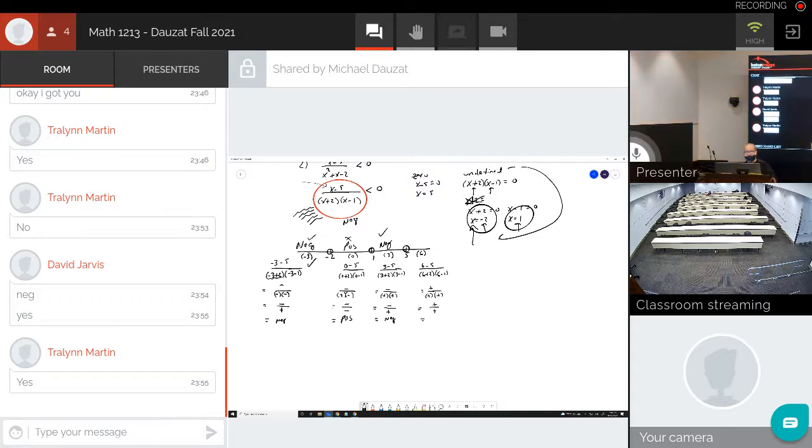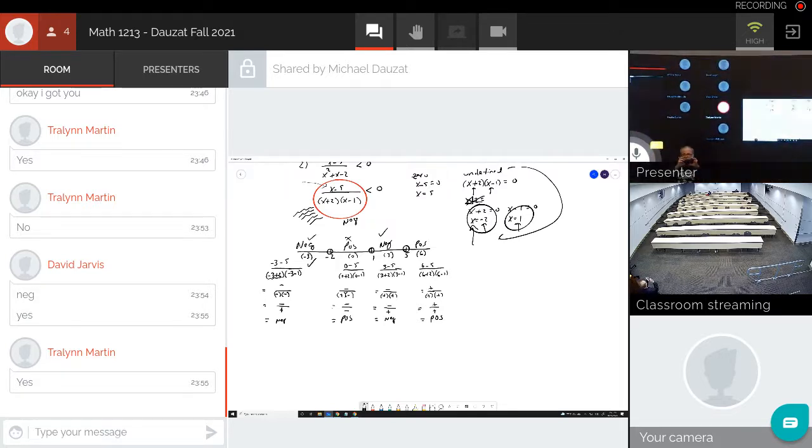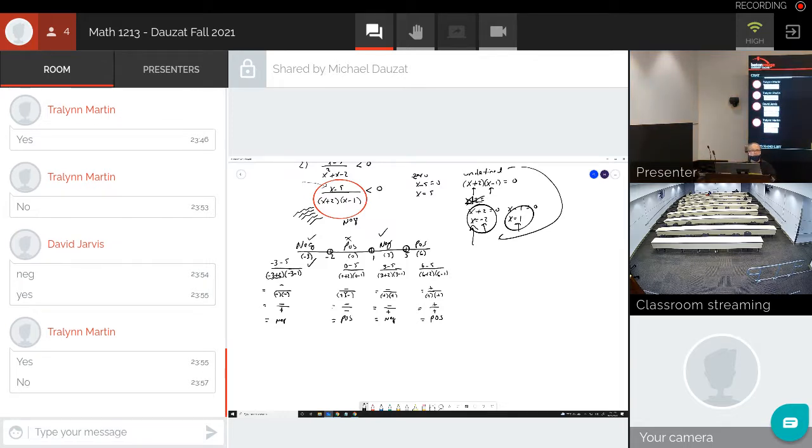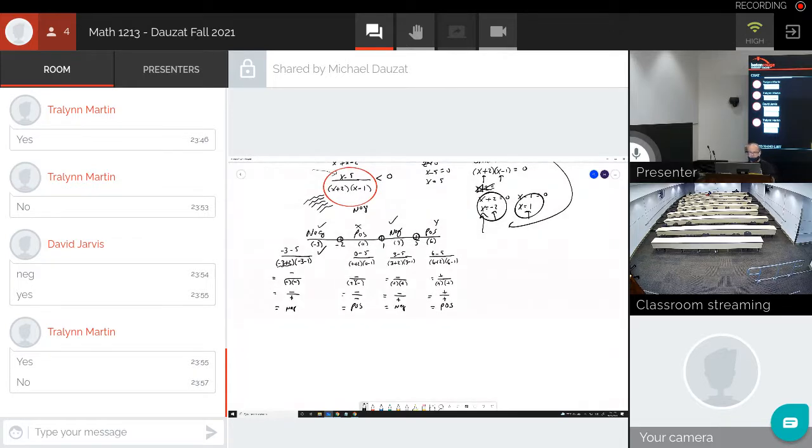And what's a positive divided by a positive? Positive. So any real number in that 4th interval is going to make that rational expression positive. Is that interval going to be a solution? No. And so therefore, how many intervals will be solutions? 2. So let's talk about the solutions.